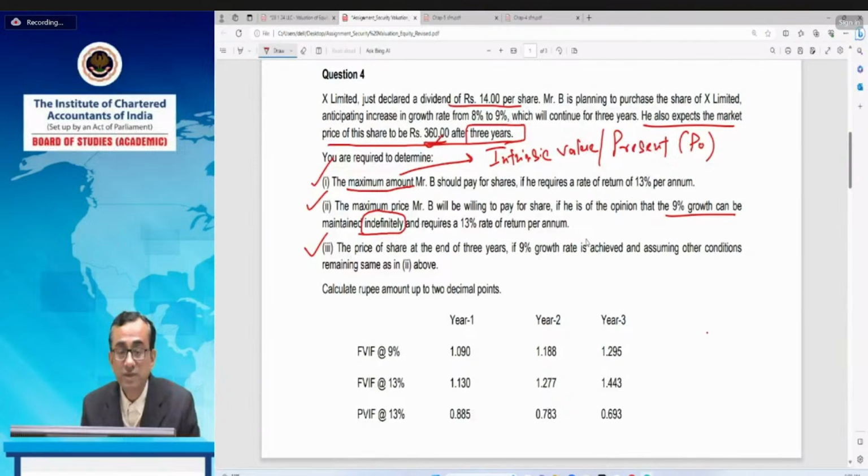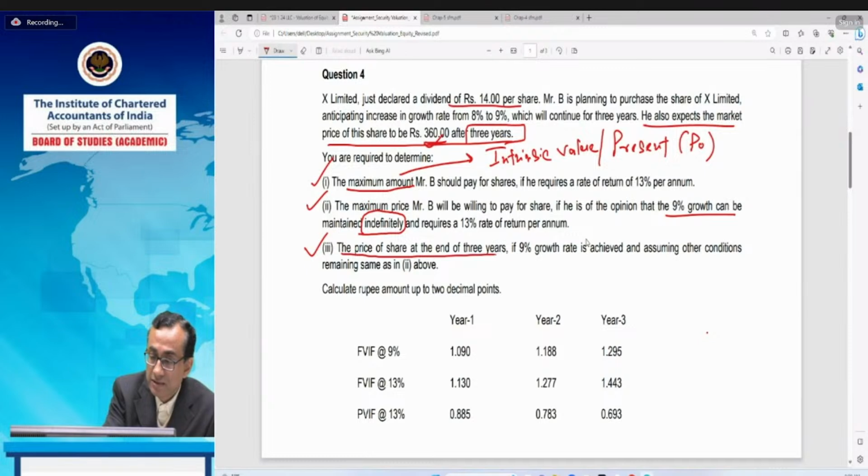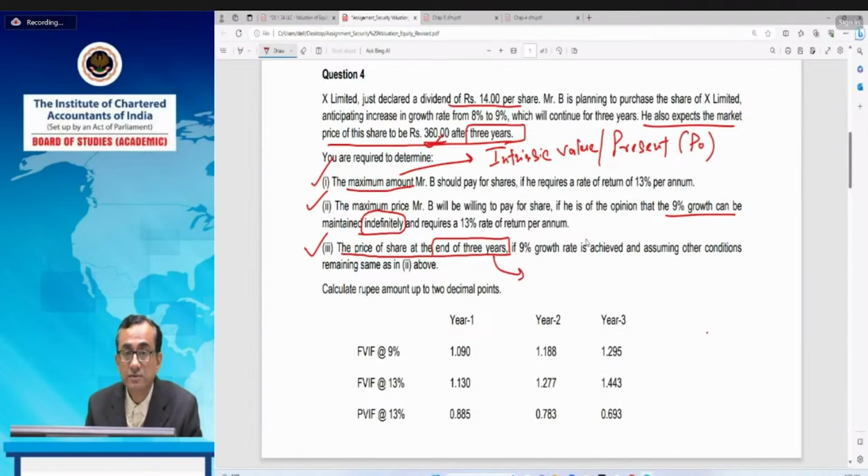In the first sentence, the first part is important: the price of the share at the end of 3 years. Can you tell what this means? End of 3 years means at the beginning of the 4th year. So it will be P3. We have to calculate P3.